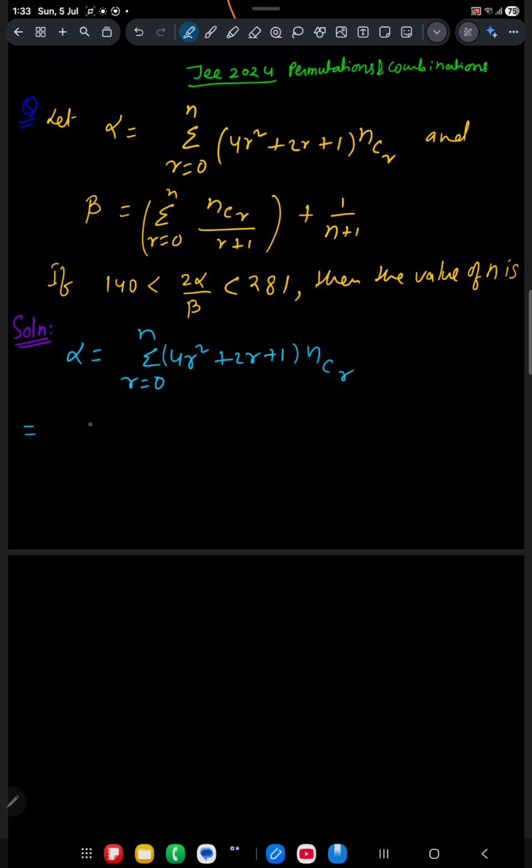After expanding, the summation is expanded to the bracket: summation r equal to 0 to n of 4r square nCr, here also nCr, plus summation r equal to 0 to n of 2r nCr, plus summation r equal to 0 to n of 1 into nCr. Okay, 1 into nCr is nothing but nCr only.